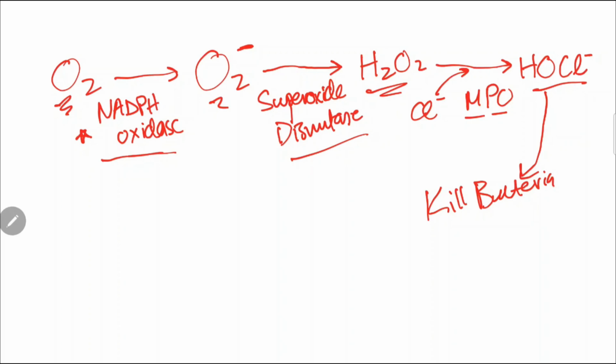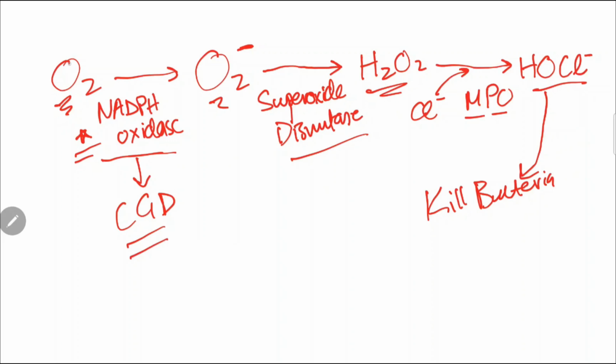Now, like I said, NADPH oxidase is a very high yield enzyme in this pathway. The reason being that deficiency of this enzyme is seen in a disease known as chronic granulomatous disease, right? And I will talk about this later on. But what you have to know is that in this disease, NADPH oxidase is deficient.